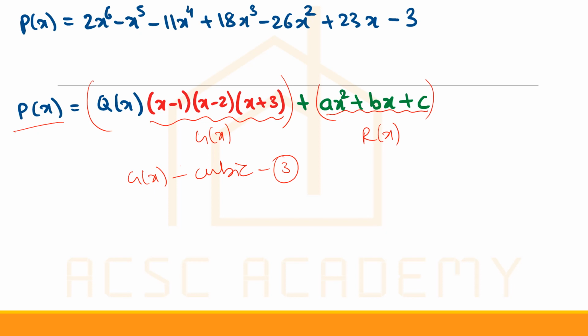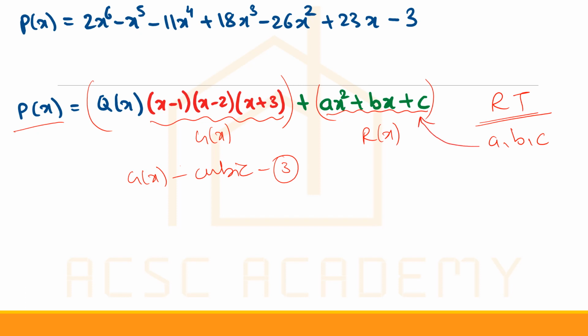Now we have written p of x in terms of q of x, g of x and r of x. Now we will apply the remainder theorem onto this to find the values of the constants a, b and c, so that when we substitute them back over here, we will get the actual remainder.